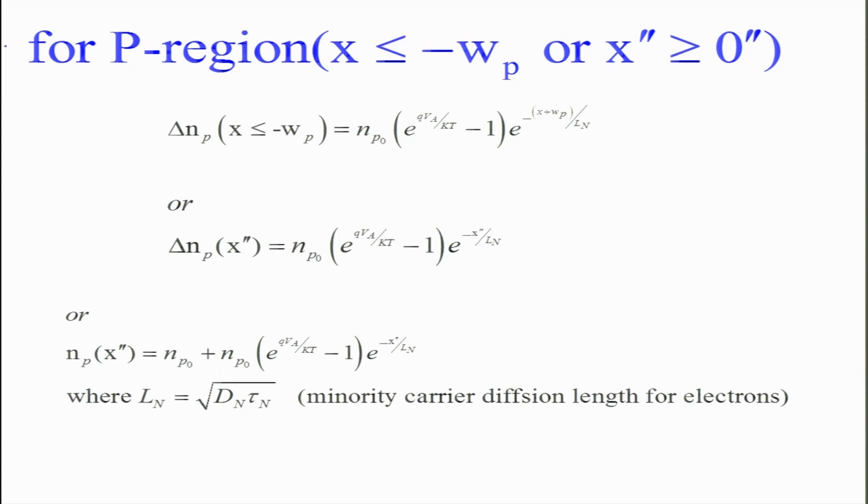After applying the boundary condition you get this expression: delta Np at x double prime is equal to Np naught into exponential qVa by kT minus 1 into exponential of minus x double prime divided by Ln. So they are similar equations, it is just that you replace n by p and p by n, that is it, and the positions are different.